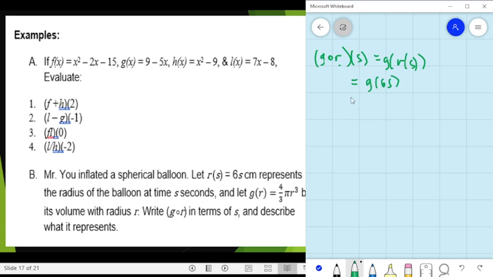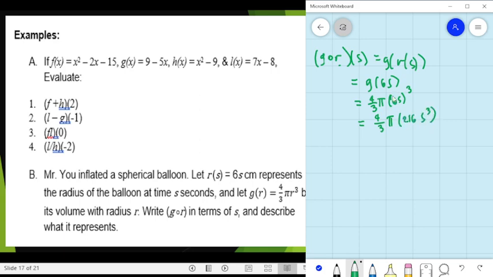Okay, since our G is 4 over 3 pi r cubed, then ang R atong i-substitute og 6s cubed. So it would be equal to 4 over 3 pi times 216 s cubed.